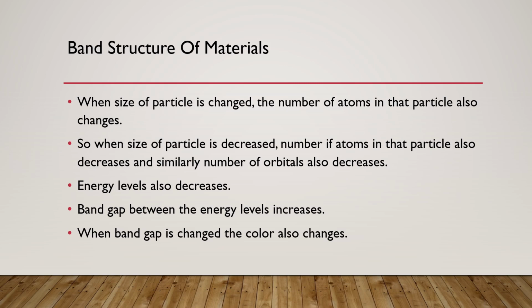The energy levels will decrease, which means that the distance between the bands increases, means that the band gap between each energy level increases. So whenever the band gap is changed, the color they are emitting will also be changed. The band gap is present between the valence band and the conduction band.